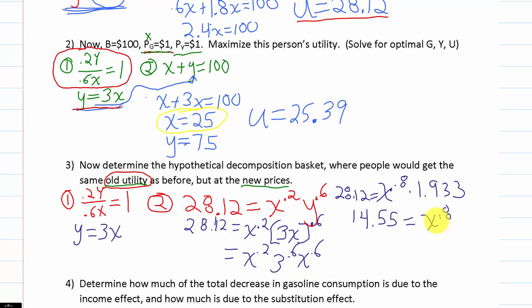And then what we want to do is raise both sides of this equation to the 1 over 0.8 power. So that leaves us with x on one side equals 14.55 raised to the 1 divided by 0.8 power. And we get that x is going to be about 28.41.